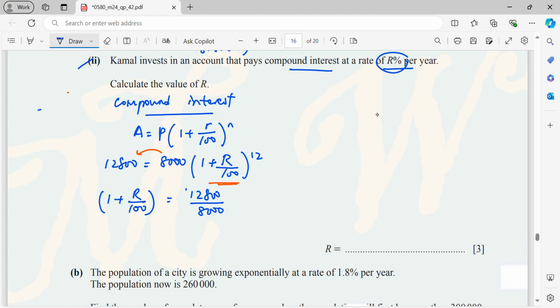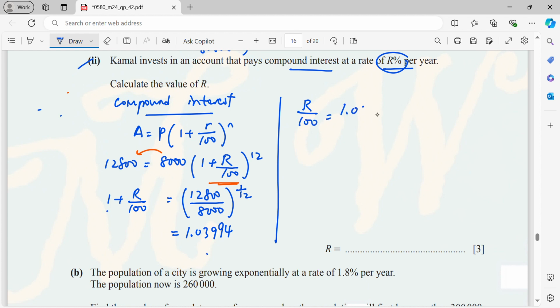So here I will change to power 1 over 12. Okay, then from here, my answer for this calculation is going to be 1.03994.